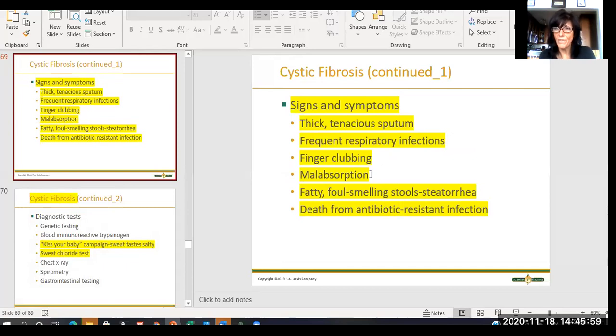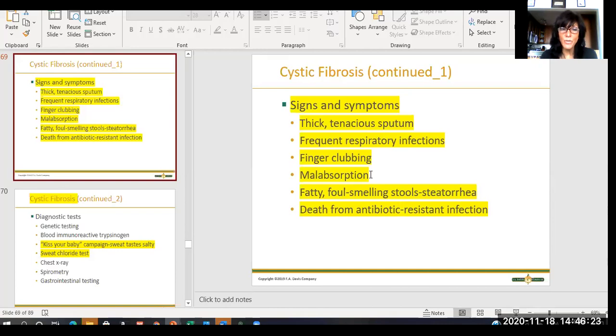Many foods have some degree of fats in them, and they can't metabolize or absorb them. So they run right through them, and that's called steatorrhea, which is fatty diarrhea. It smells gross and floats on top of the water in the toilet because it's fat, okay?